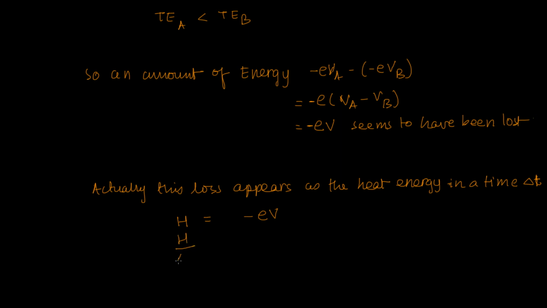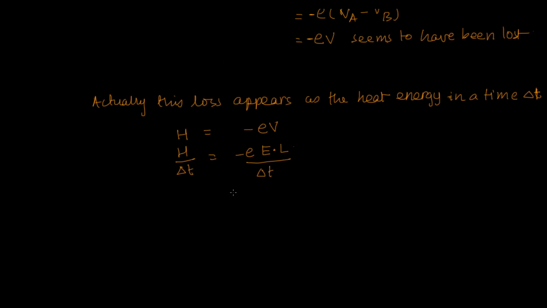It is minus E, and V was E into L, where this E is electric field. And L upon delta T is what? It is Vd. So L upon delta T is Vd.